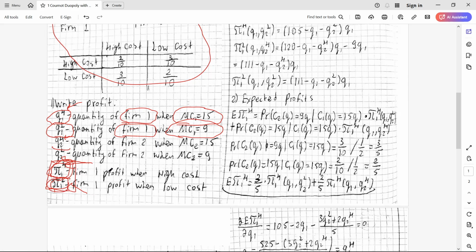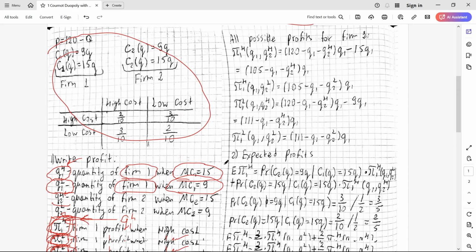And one thing to note is the quantity they choose here, the optimal quantity, would actually be Q1H. And the optimal quantity chosen here would be Q1L. This is useful later on. And similarly, if you saw pi 2 L, this would mean that this is profit of firm 2 when they're of low type.